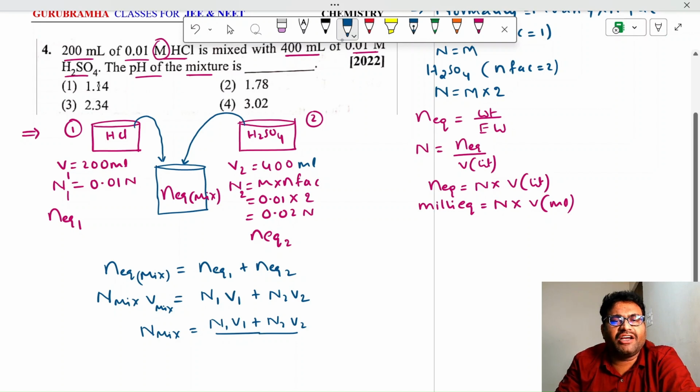Here it is 200 ml and 400 ml; when you mix them, it becomes 600 ml, that is V1 plus V2.